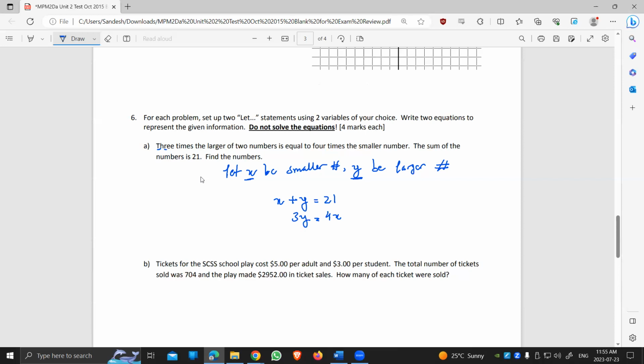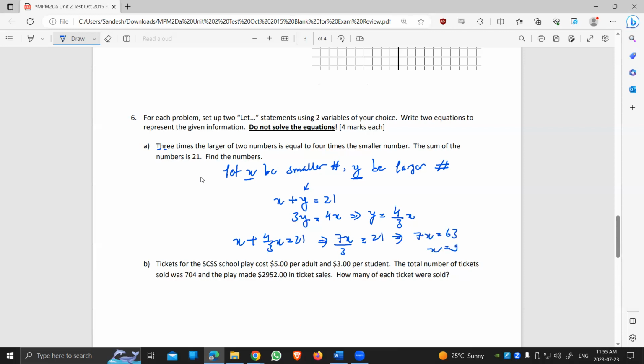And you can use whatever method you would want to use. In this case, ideally it's going to be substitution. Y is going to be 4 over 3 x. Plug that here, so you get x plus 4 over 3 x is equal to 21. So you get 7x over 3 is equal to 21. 7x is 63.